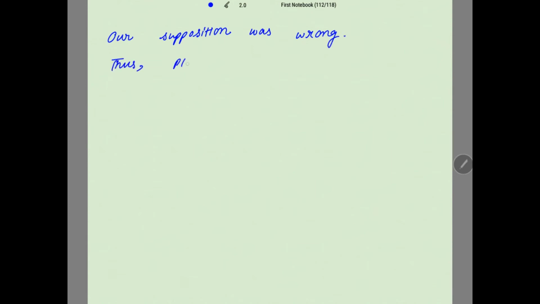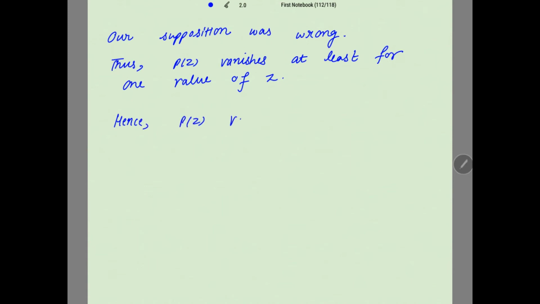Thus, p(z) vanishes at least for one value of z. So hence p(z) has at least one zero.